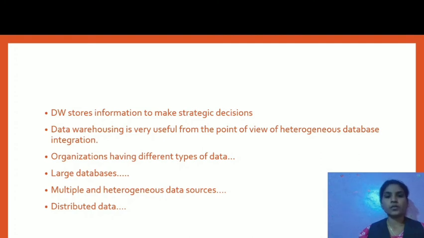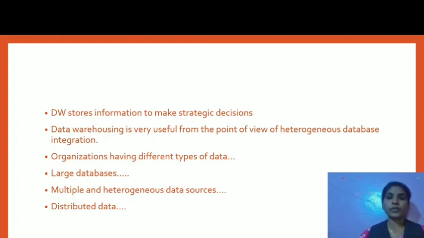Data warehousing is very important, very useful from the point of view of heterogeneous database integration. It is a very important step while constructing the data warehouse. Again, there are some things to be considered while constructing the data warehouse. The organizations have different types of data.